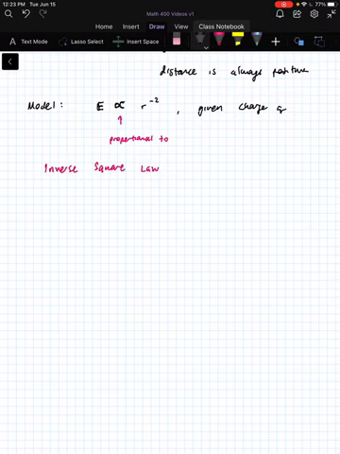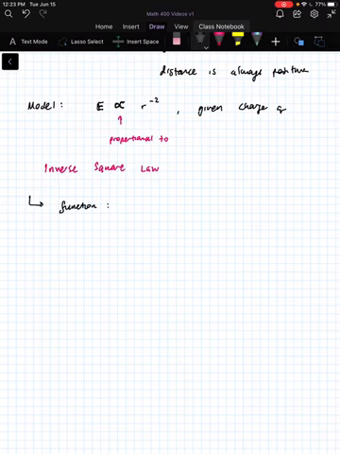And it's famous because this kind of relationship appears also in gravitational force. So they behave similarly.